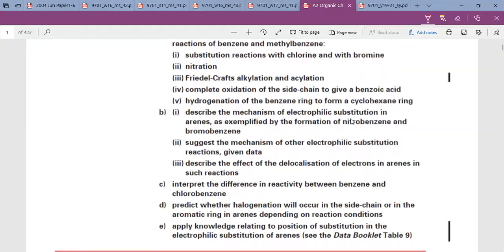The keyword today is electrophilic substitution, and mechanisms. But before we go into that, I want to talk about certain other stability.